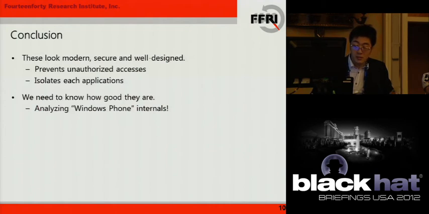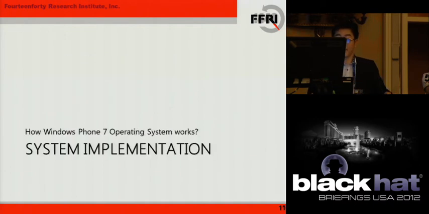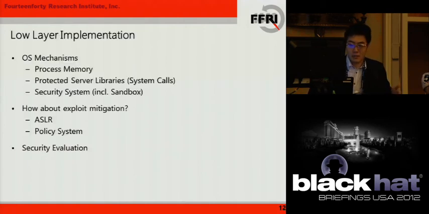So I will talk about the system's low-layer implementation. Most modern operating systems, including Windows Phone 7, have features for exploit mitigation, which prevent arbitrary code execution. I started to analyze the system from this low-layer implementation. So I have to describe how I analyzed the system.